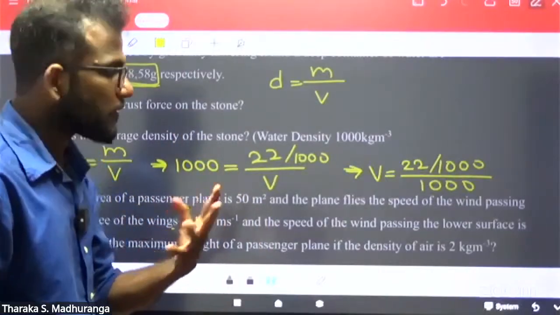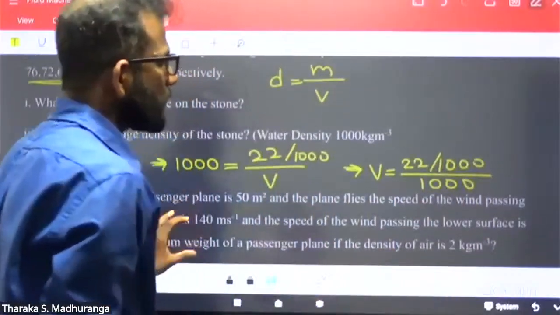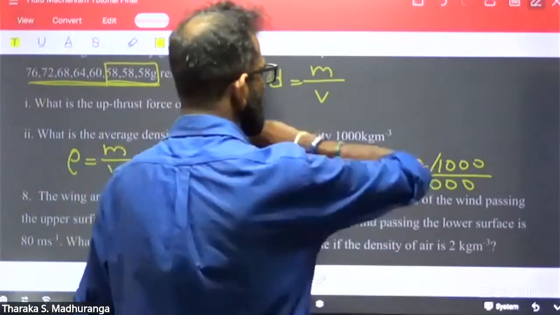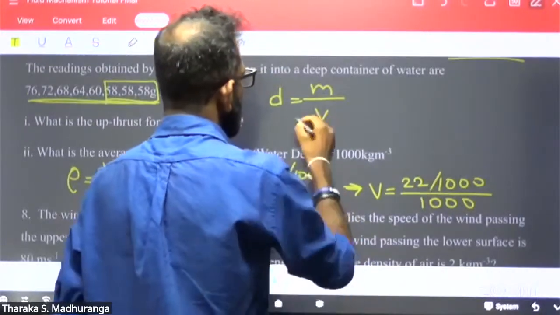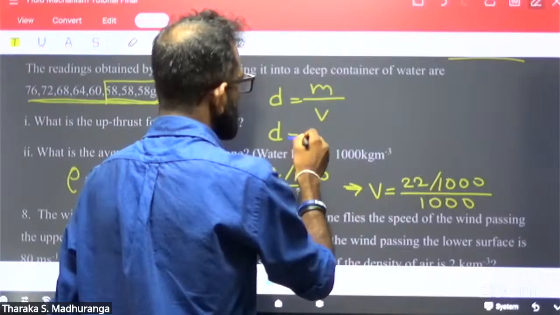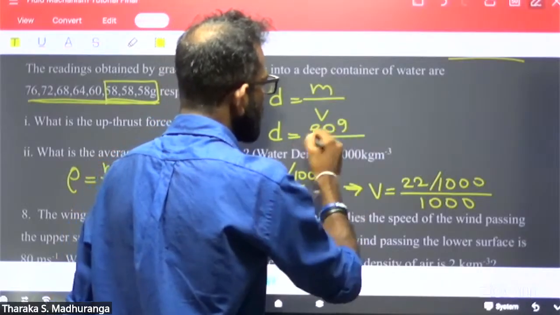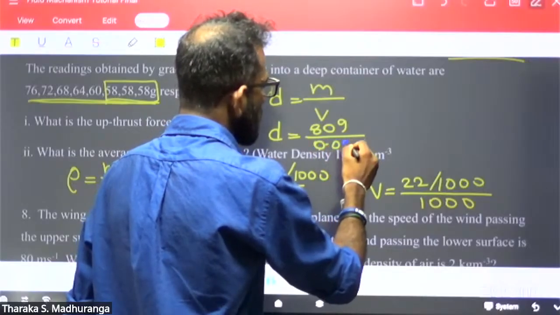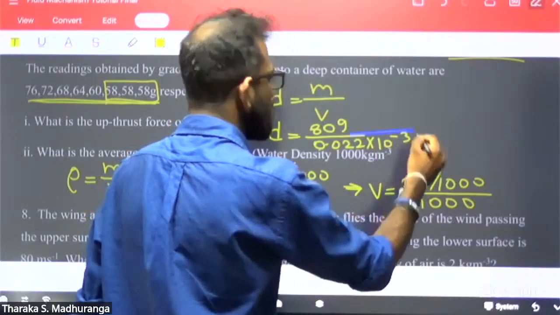Okay, that's the concept. Now 22 over 1000 means 0.022. Then 0.022 over 1000. The density equals, the mass is 80, 80 divided by 0.022 into 10 to the power minus 3 divided by 1000.